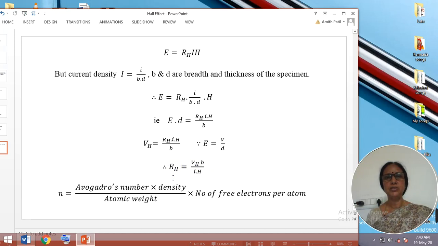So what is the importance of calculating the Hall coefficient in the laboratory?